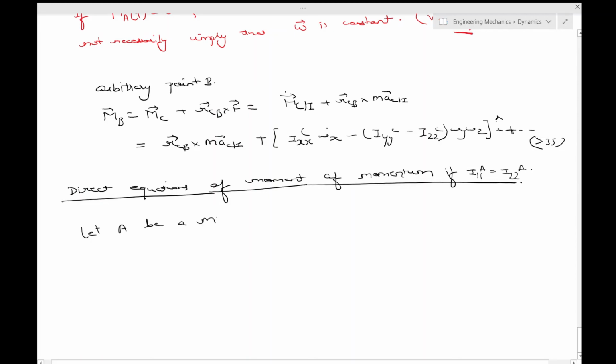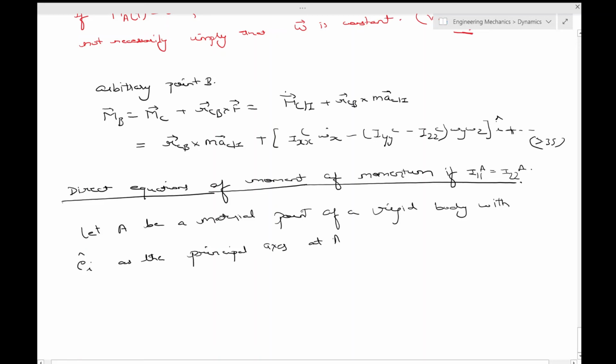Let A be a material point of a rigid body with E_i as the principal axes at A, I11 of A is equal to I22 of A, and the acceleration of A is 0 or is along AC.